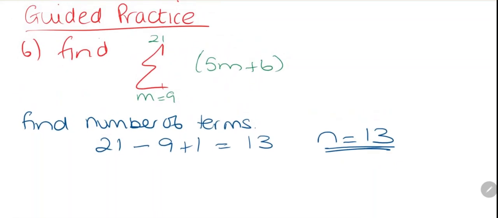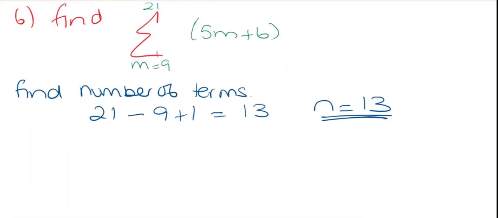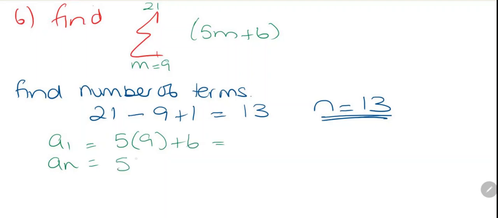The first value, so we need to find A1 and AN. To find the first value, we have 5 multiplied by m, and m is 9, plus 6. And to find the last value, it'd be 5 times 21 plus 6.